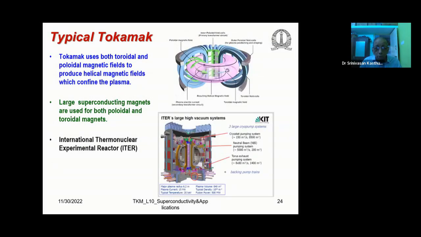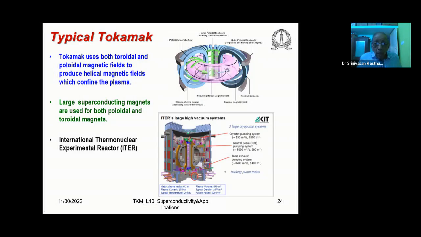A typical tokamak will have what are called the toroidal fields and the poloidal fields. The toroidal fields are the fields which are shaped in the form of a D. And the poloidal fields are the ones which are black in color, on the top as well as the bottom.